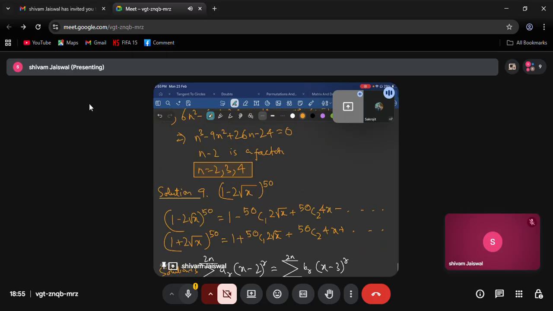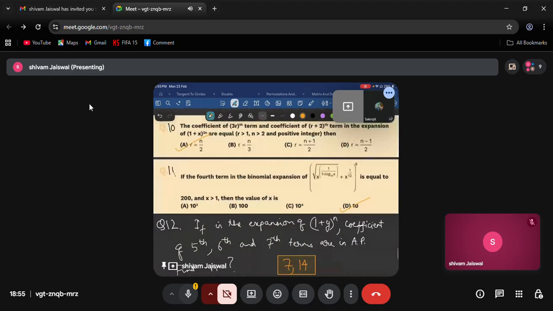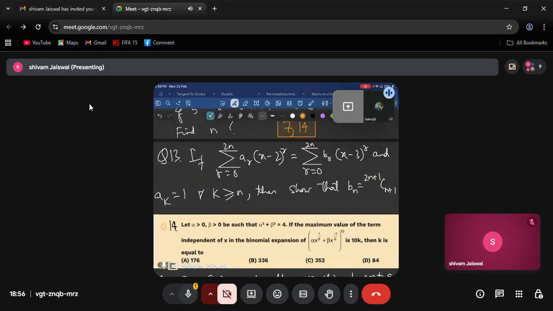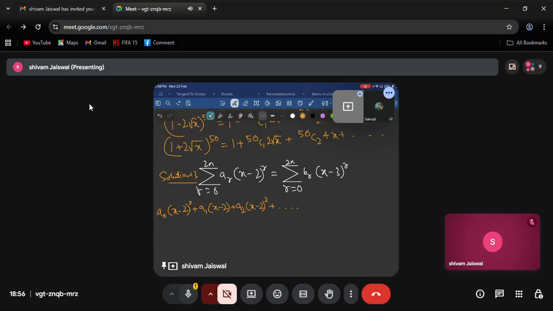What do we need to find out? We need to find out bn, right? The nth term. So everywhere I need to define the nth term, plus dot dot dot dot plus an into x minus 2 whole to the power n plus an plus 1 into x minus 2 whole to the power n plus 1 plus dot dot dot dot plus a2n into x minus 2 whole to the power 2n.